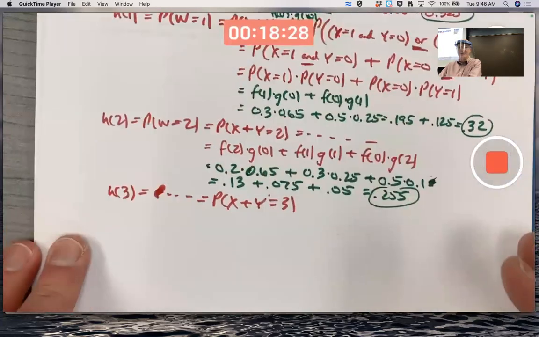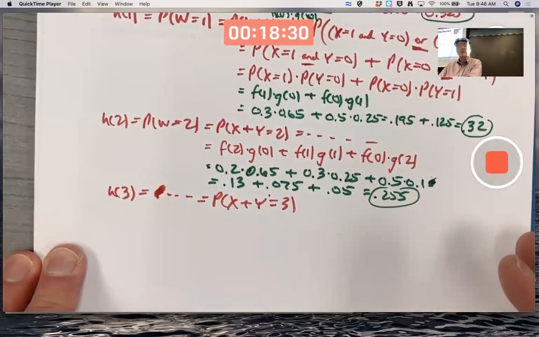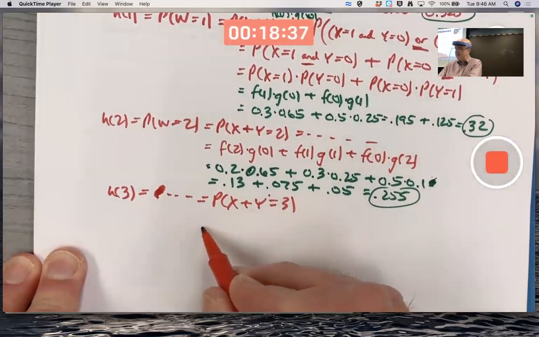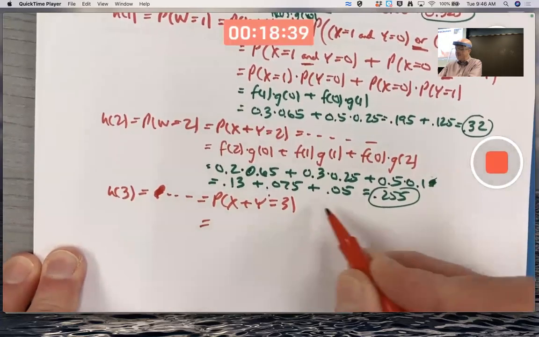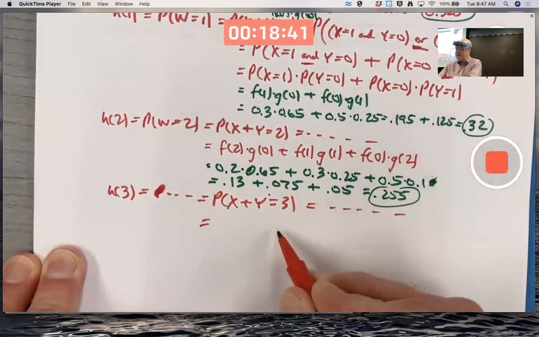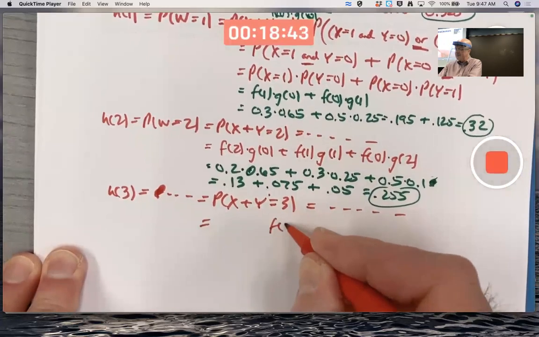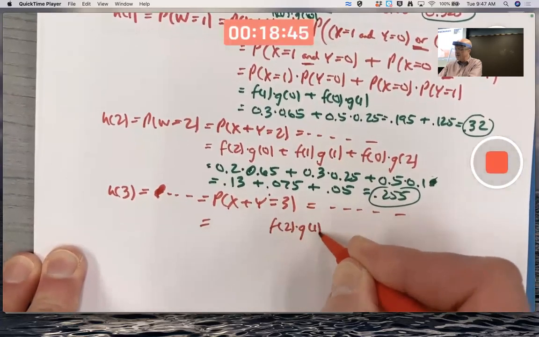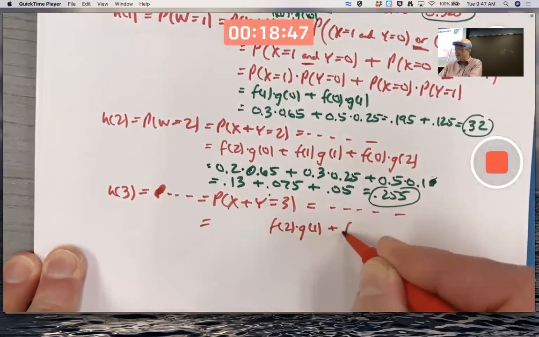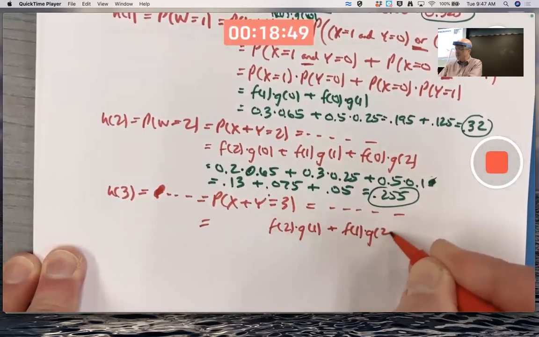X could be 2 and Y could be 1. Or X could be 1 and Y could be 2. Leave a little space in here. Let me write F of 2 times G of 1 plus F of 1 times G of 2. Leave some space there.